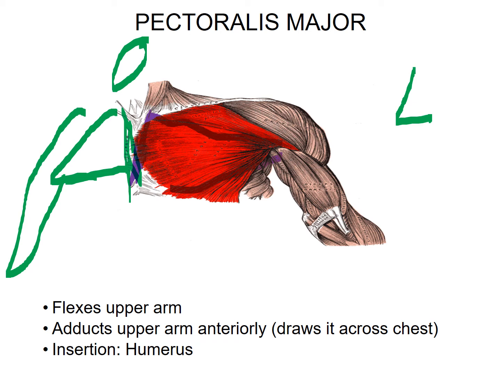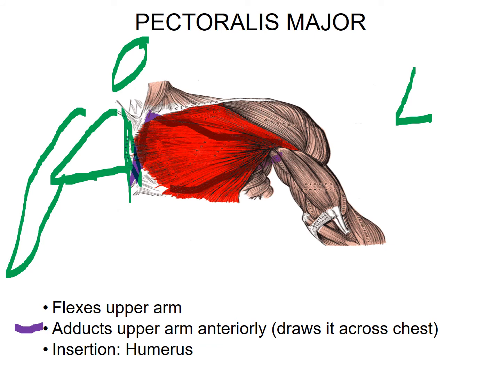It does flex the upper arm. So basically what it does, if you were to bring, instead of doing abduction, just keeping your elbows straight, bring your shoulders up or bring your hands up towards your face while keeping your elbows locked. That's flexion of the shoulder. But the main thing it does is it adducts your upper arm. It brings your arms closer together.